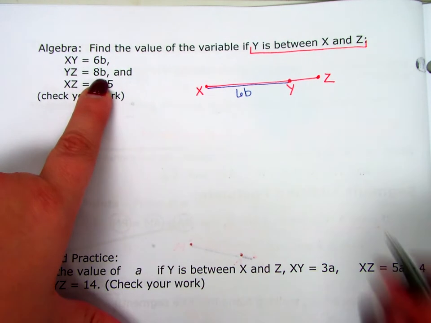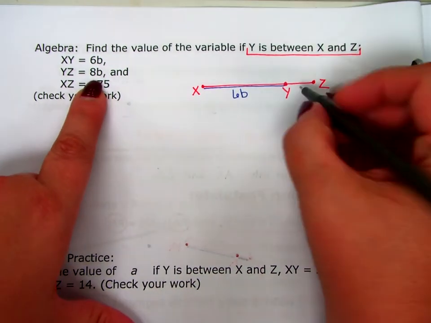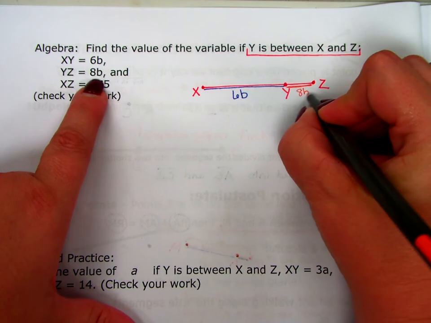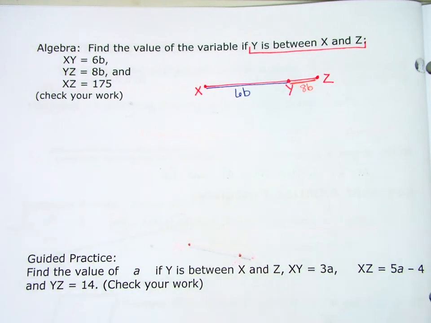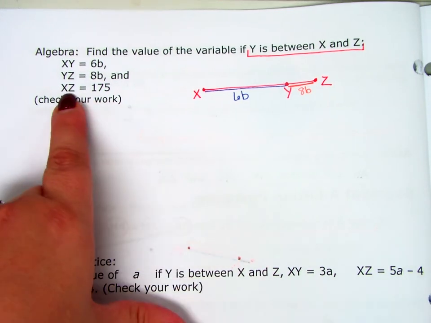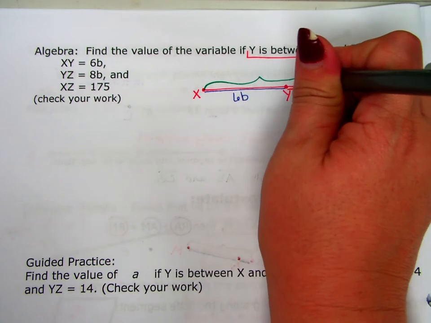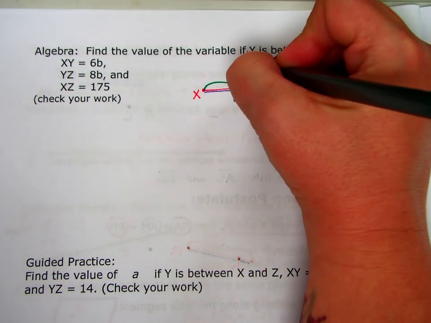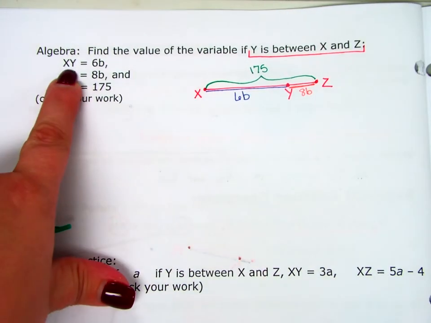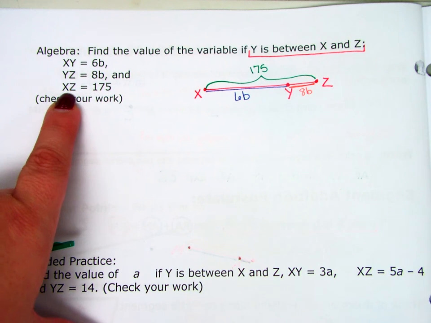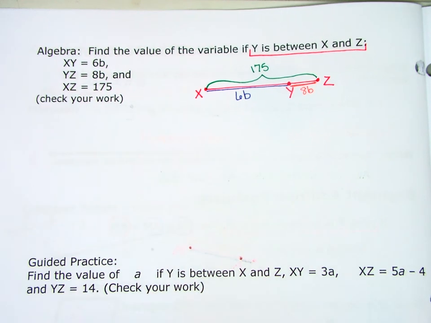But yz is really just 8b. And then xz, so starting at point x going all the way to z, is 175. And again, notice there's no bars over these letters. That just means it's the distance between the points. It's not necessarily talking about the actual segment line in between, but the actual multitude of points in between.